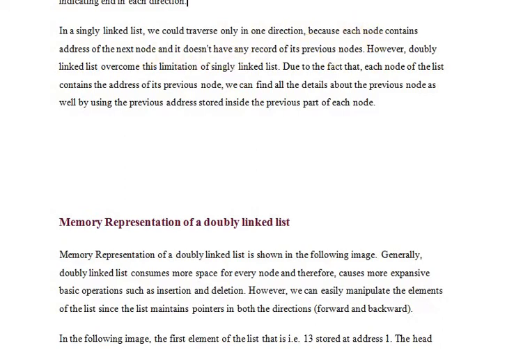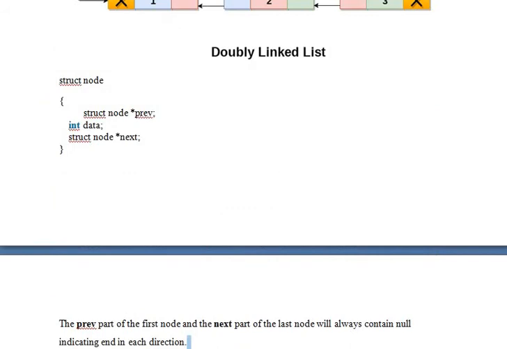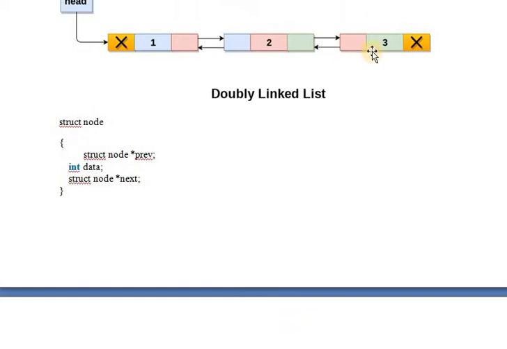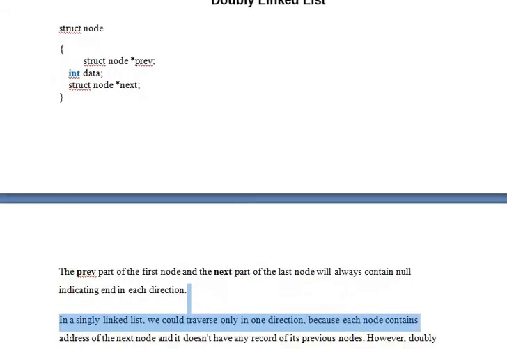In a singly linked list there are only two parts, one is the data part, and the other contains the address of the next part. Here it is bidirectional, which is the important thing. Bidirectional means both ways.